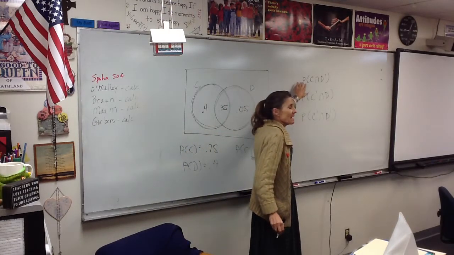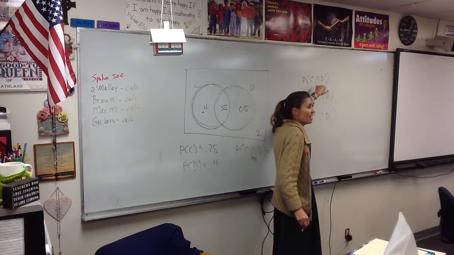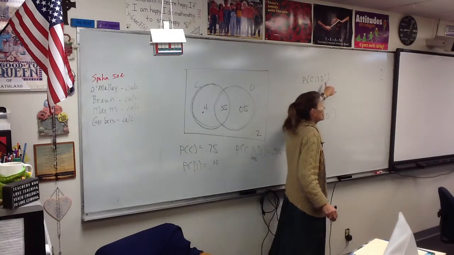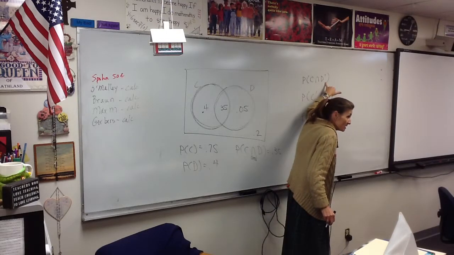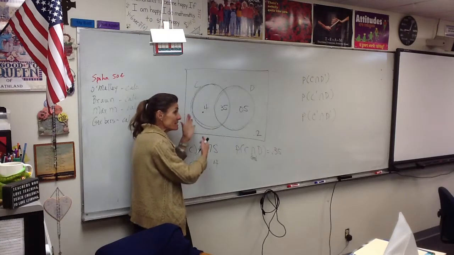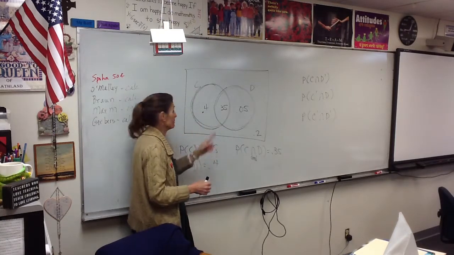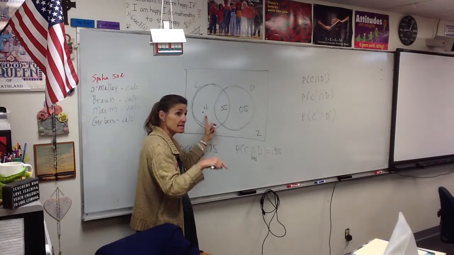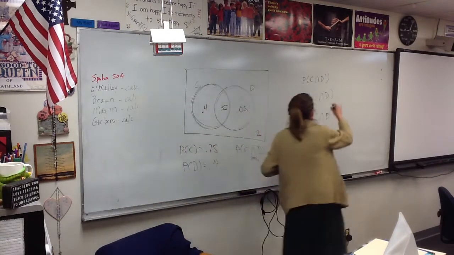Okay, so what does this say? Find the probability of being in the C circle, but not in the D. So what's the probability of being in C, but not in D? Isn't that this right here? It's in C, but it's not in D, so that'd be 0.4.